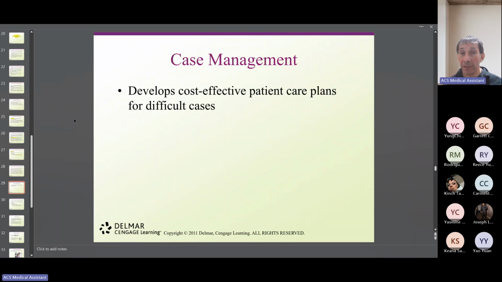In the meantime, they're going to make arrangements for you to receive dialysis or other types of treatments as necessary.